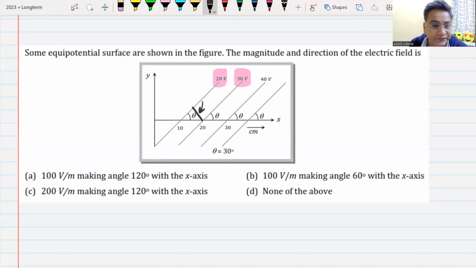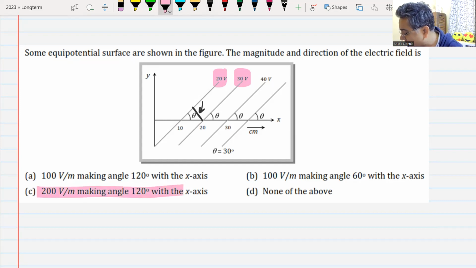Sine of 30 is half. So 10 volt divided by half divided by 10 raised to the power minus 2. I think it will give you the answer as 200. And it will make an angle of 120 degree with the x-axis. Do we understand this? Yes or no?